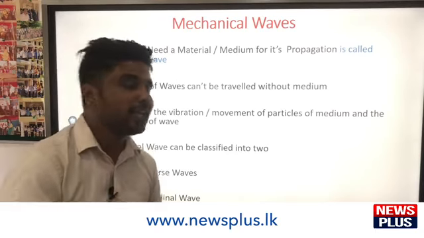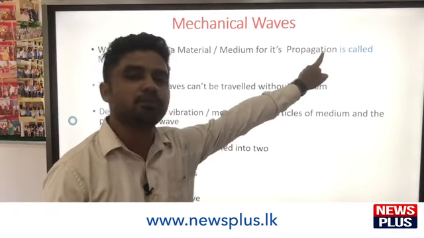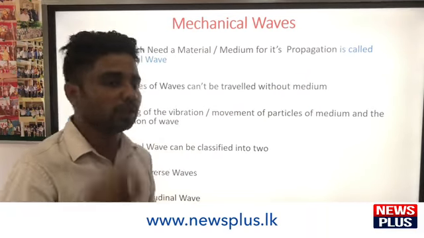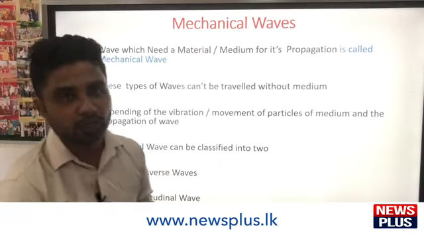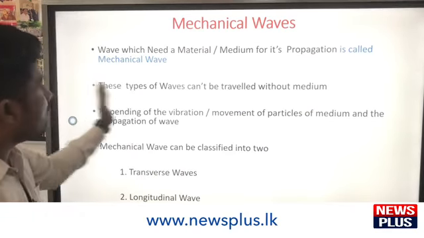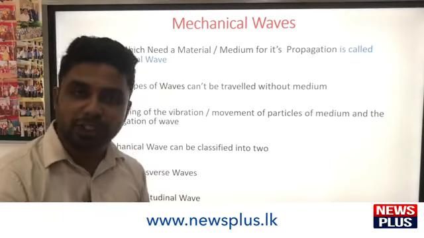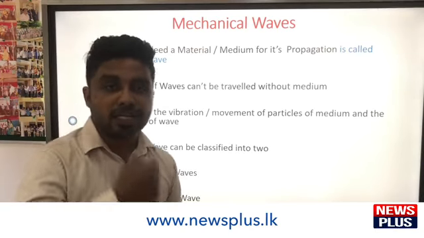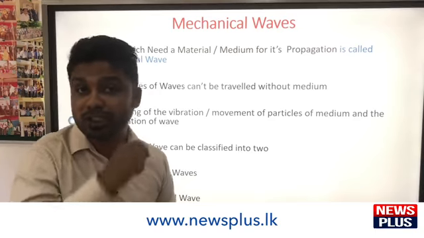So, what is propagation? Moving. So, a wave which needs a medium for its propagation is called a mechanical wave. These types of waves cannot travel without a medium. In other words, a mechanical wave travels with a medium.